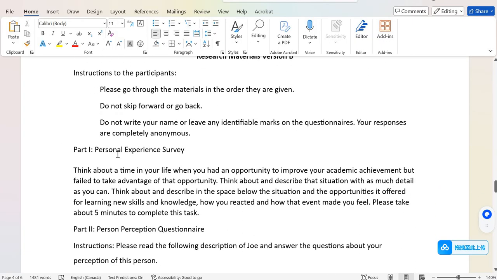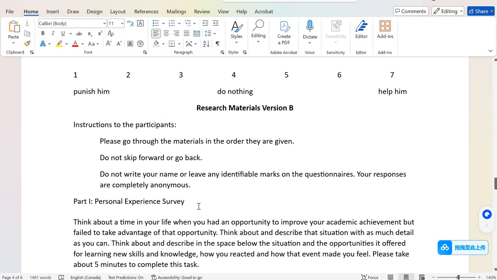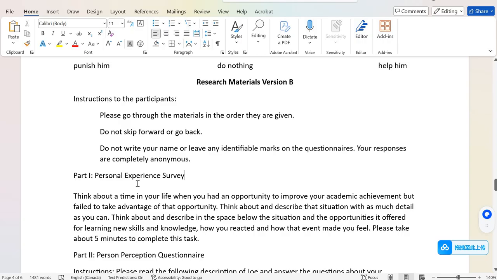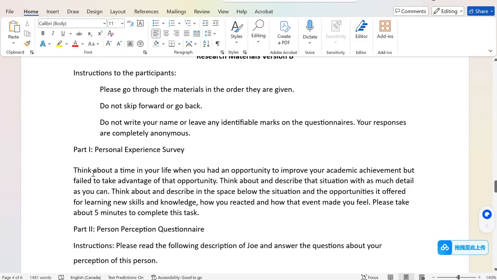Version B. The first part is different from version A. In part 1 of version B, the participants were asked to think about a time in your life when you had an opportunity to improve your academic achievement, but failed to take advantage of the opportunity.